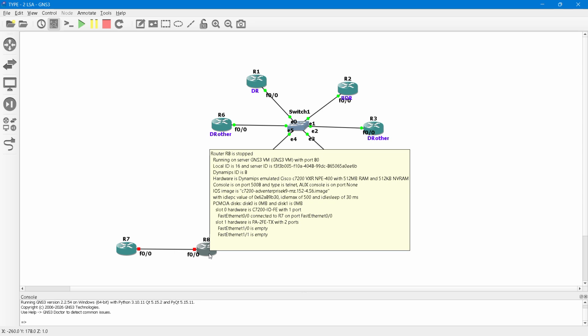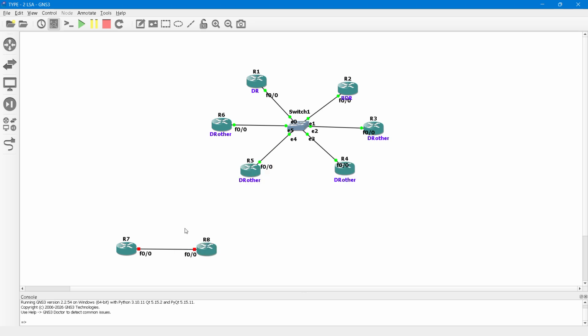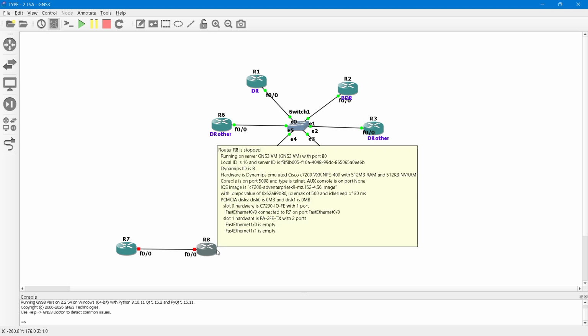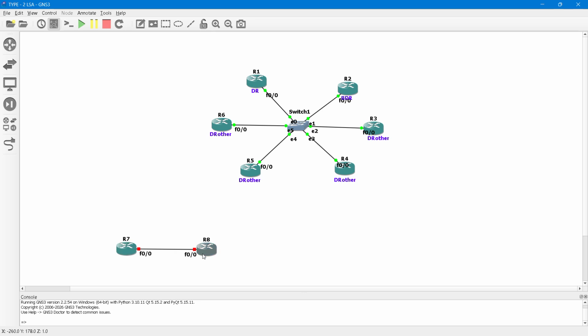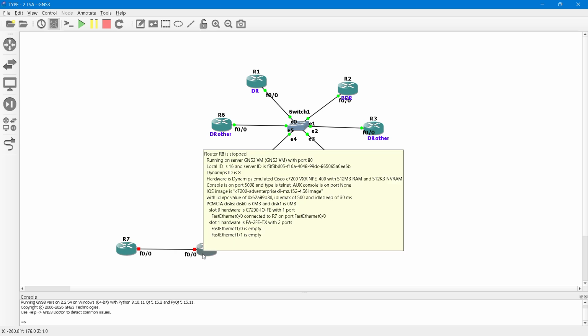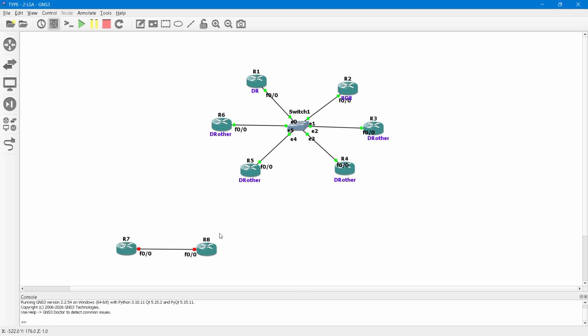But if I want OSPF enabled and I don't want them to become BDR or DR, in that condition I will configure it as a point-to-point connection. In that case they will not act as DR or BDR, because there is no need for a DR and BDR.